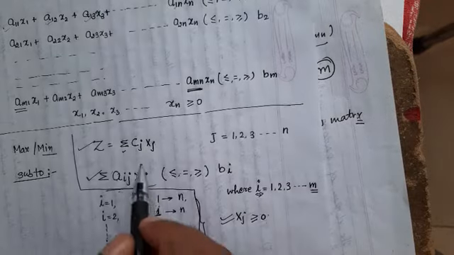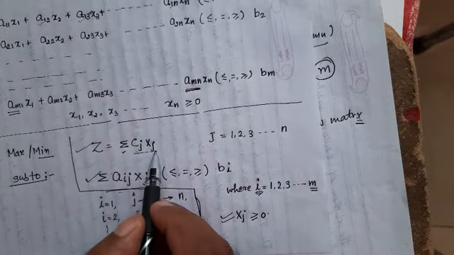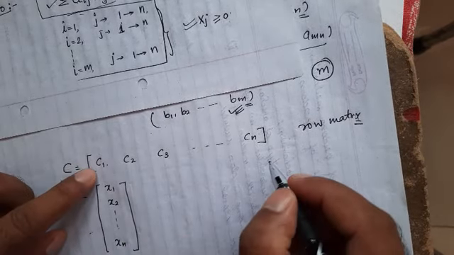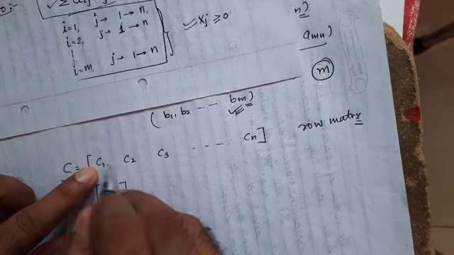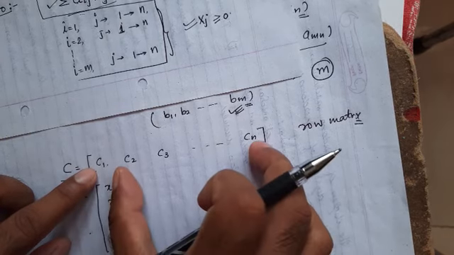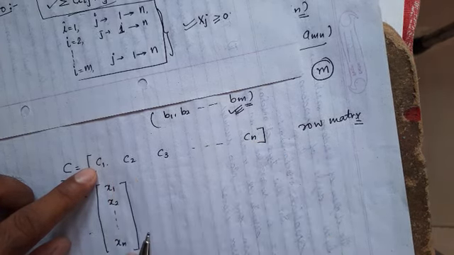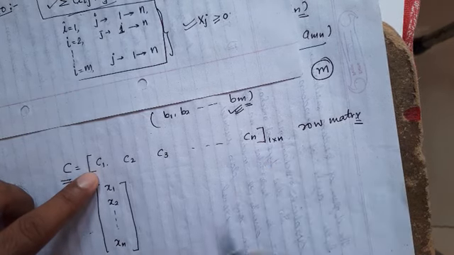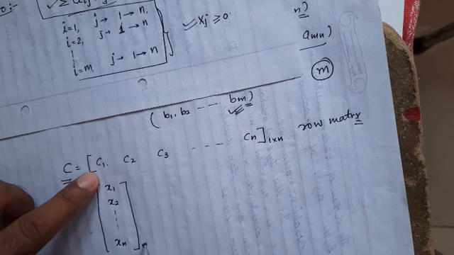And if you want to get C into X, you multiply the row by the column. The order of C is 1 into n, and the order of X is n into 1.